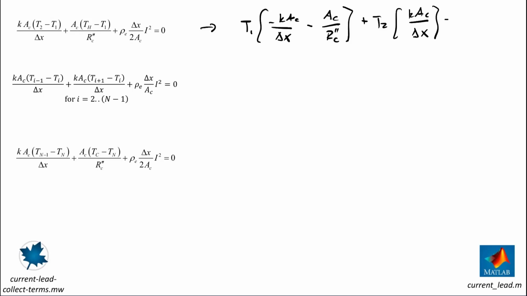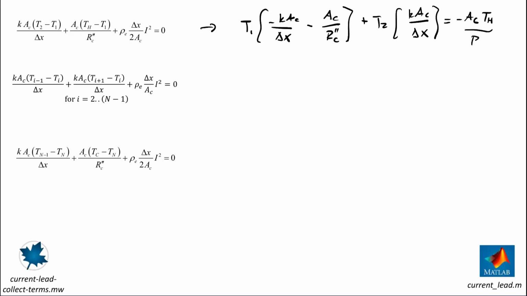And then what's our B part of this equation? Everything else that's left over, we have to pull out and move to the other side of the equation. So for this, that becomes, let's see if I can fit it in, minus Ac times T_H divided by R''c. T_H is a constant. It's not one of the temperatures in the network.